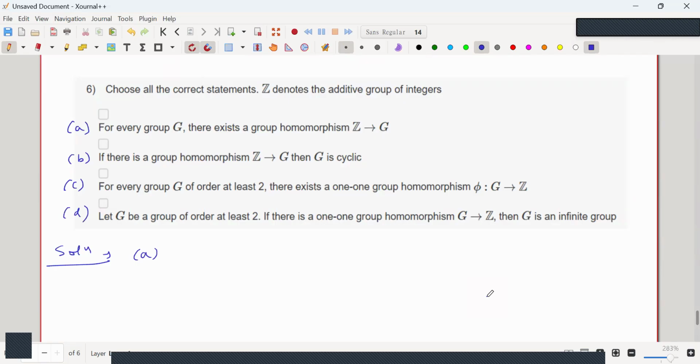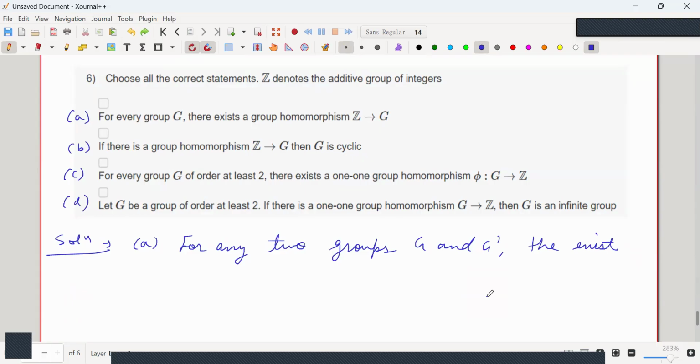So in fact, this is true for any two groups, G and G prime, there exists a trivial homomorphism.